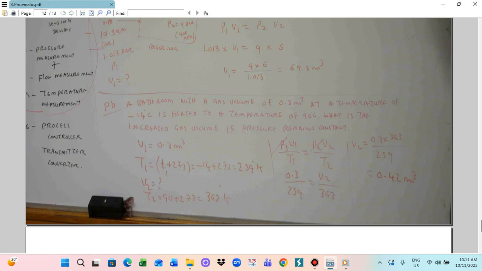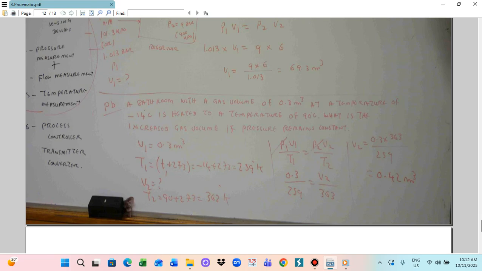So that gives 259 degrees Kelvin. Also in this case we need to calculate V2, and the temperature is 90 degrees centigrade. So T2 is 90 plus 273, which is 363 degrees Kelvin. In this case we use the equation P1 V1 by T1 is equal to P2 V2 by T2. But P1 and P2 can be cancelled because the pressure remains constant. So V1 by T1 is equal to V2 by T2.